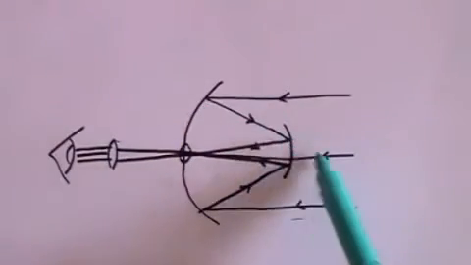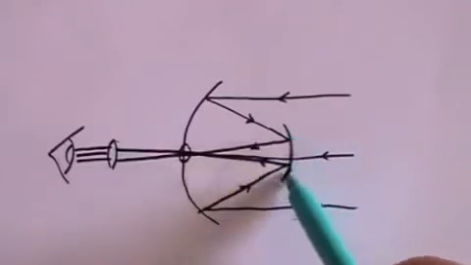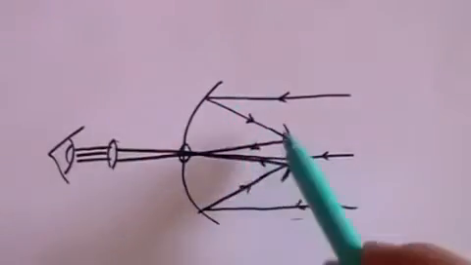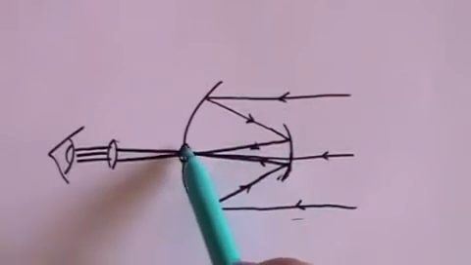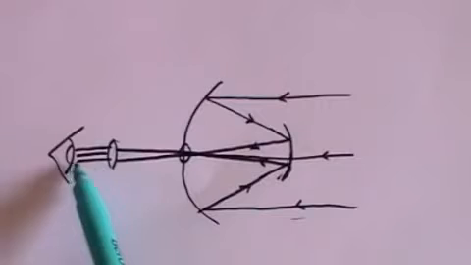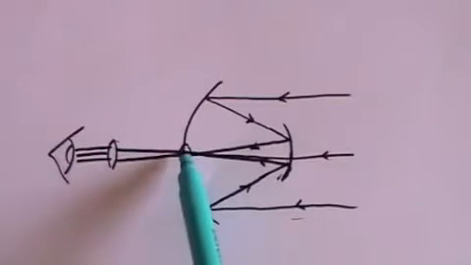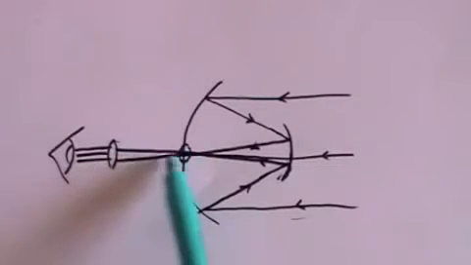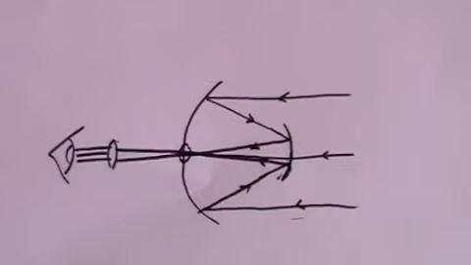It's reflected to the focal point, but before it gets to the focal point, you've inserted another mirror. It's a concave mirror. Both of these are concave mirrors. That concave mirror reflects the light through a small hole in the main mirror, comes out the other side, goes to a lens, which is the eyepiece lens. The light emerges from that lens parallel, because what you make sure is that the image is at the focal point of this lens, comes out parallel, and your eye then focuses the image on the retina.